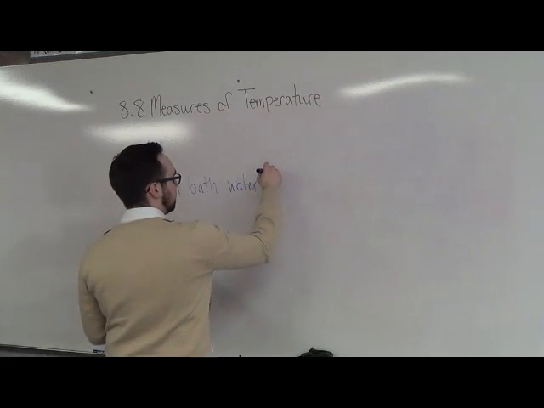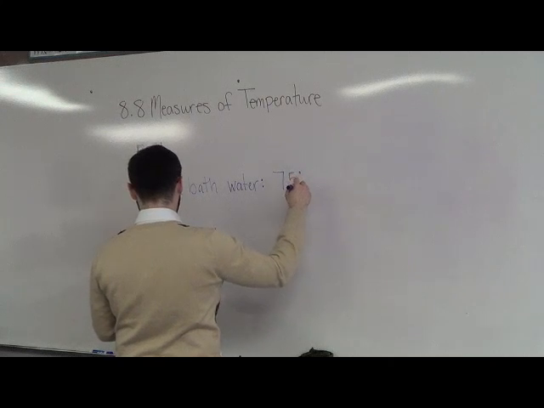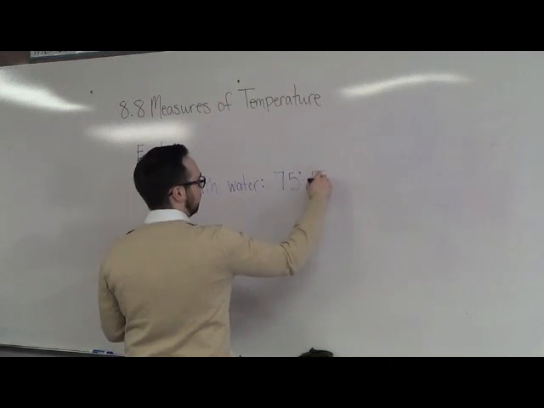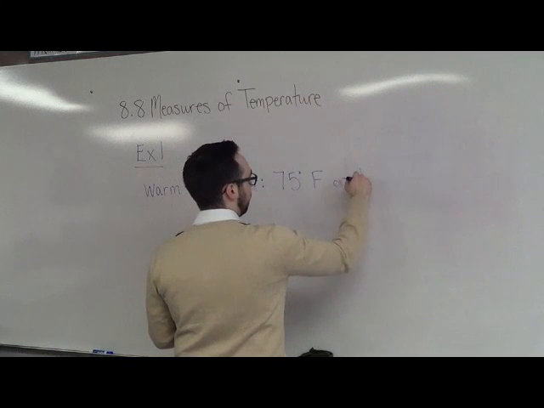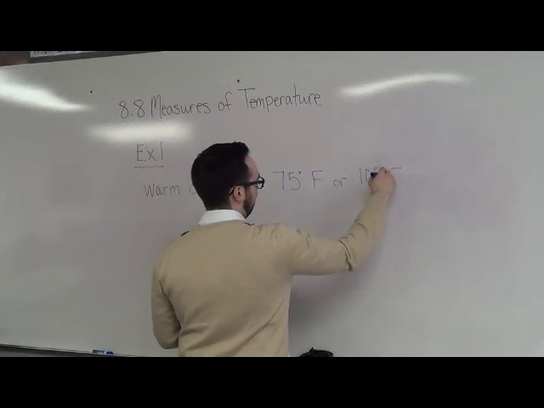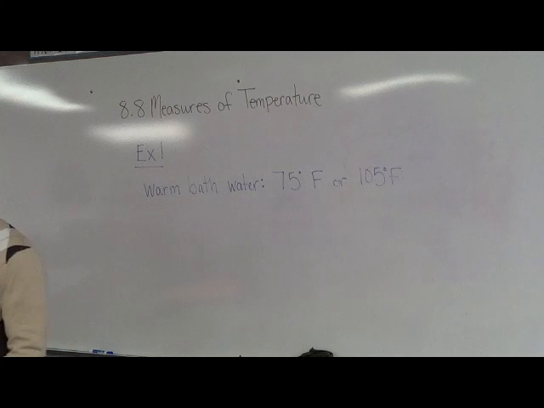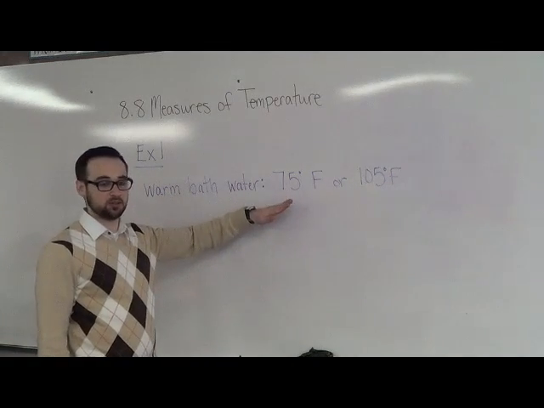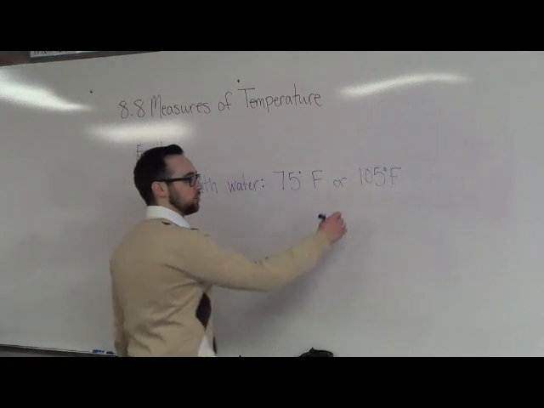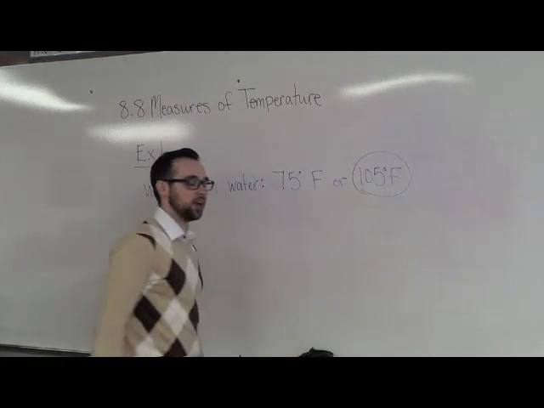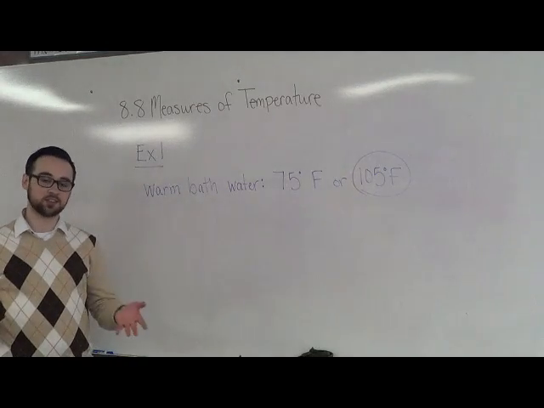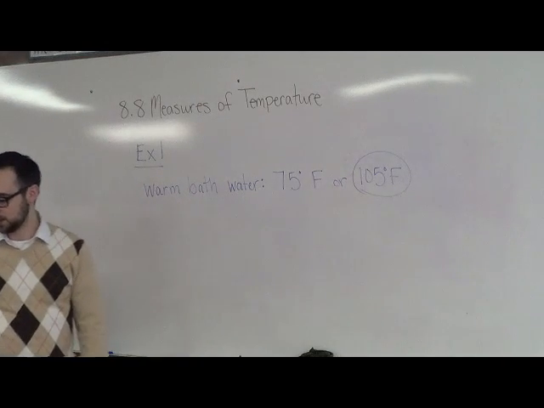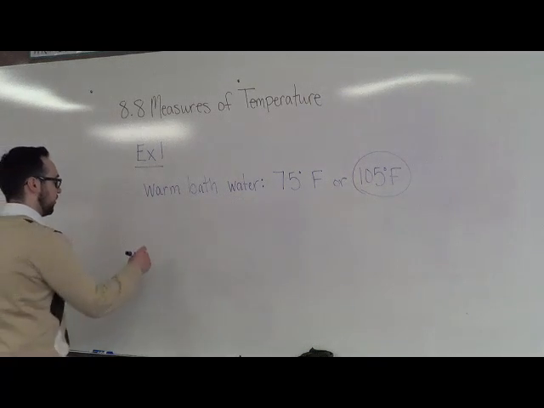Would it make more sense to be 75 degrees Fahrenheit or 105 degrees Fahrenheit? So when we think about those, our normal body temperature is around 98 degrees. So 75 degrees is actually going to be very cold to us. Not very, but 20 degrees cold to us. So the one that makes more sense here is actually going to be that 105 degrees because it's warmer than us. It's going to bring our body temperature up a little bit.